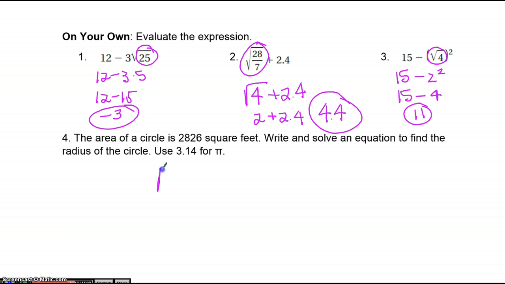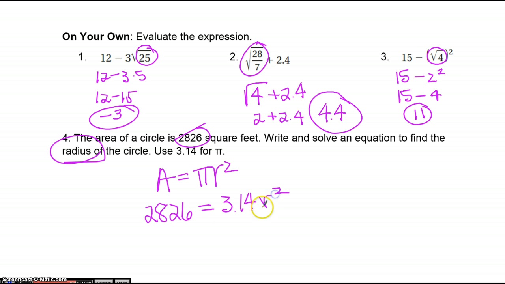And number 4, same thing, area equals pi r squared. So my area is 2826. For pi, I'm using 3.14, and I need to solve for the radius, which means I need to divide both sides by 3.14. And 2826 divided by 3.14, use your calculator here, as I'm doing right now, and you should get 900.